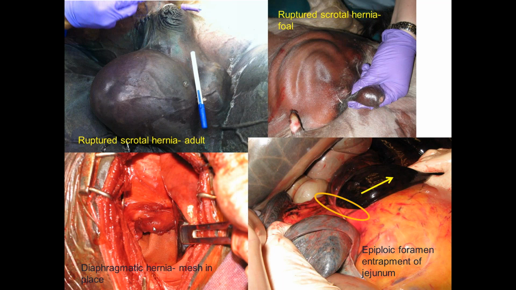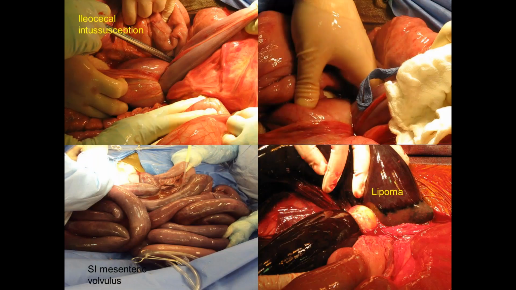Down here is an example of a diaphragmatic hernia that can happen, especially in mares at parturition, and this is what's called an epiploic foramen entrapment. This is highly associated in horses that crib or have behavioral vices. So these are just examples of different types of strangulations that can occur.